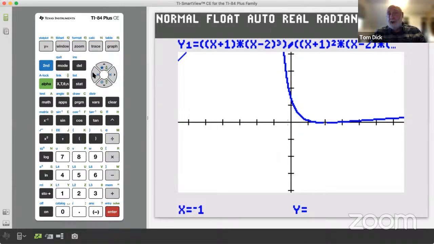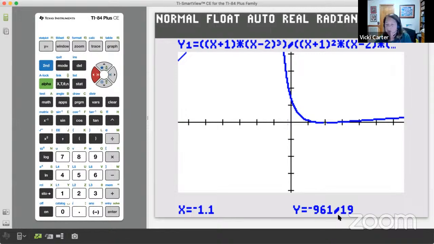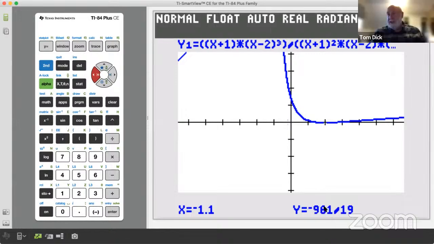But now I'm going to trace to the left, and I'm starting to get a sense for how big these values are, positive or negative. When I say big, I mean big in magnitude, absolute value, so how far away from the x-axis they are. I'm having to do some arithmetic to estimate what this number is.